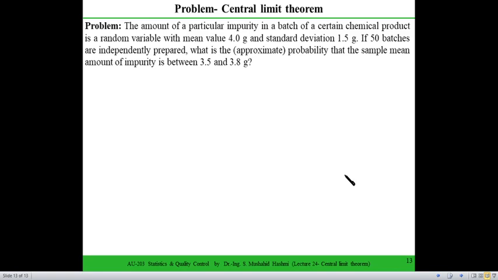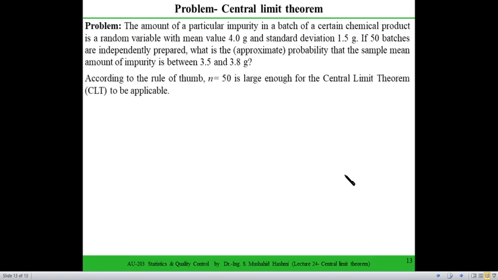If you look at here, you are taking 50 independently prepared batches. So you have a large population and you have taken 50 samples. Here your sample size is much larger, greater than 25 or 30, so we can consider the central limit theorem to be applicable.